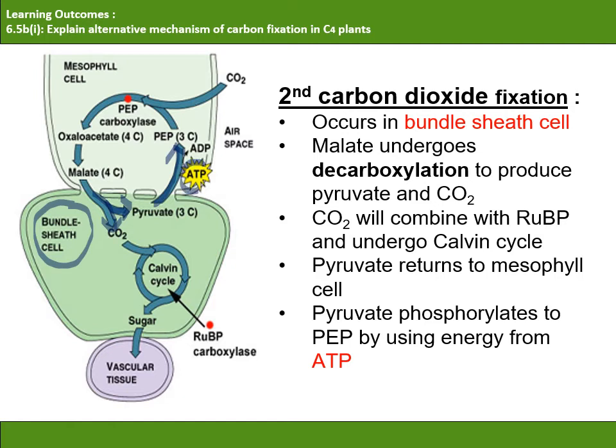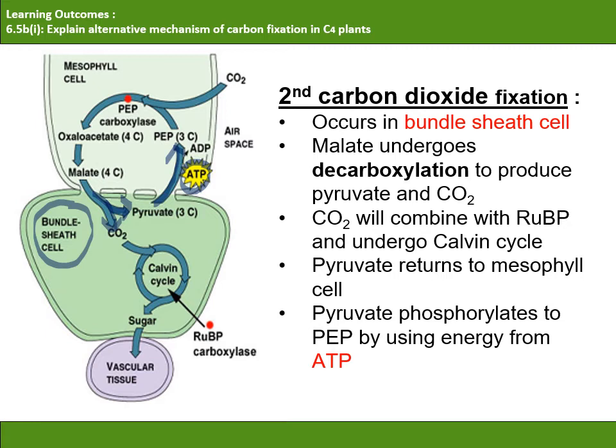ATP transfers its phosphate to pyruvate to form phosphoenolpyruvate, thus completing the cycle. While the carbon dioxide will combine with the RuBP and undergo the Calvin cycle.